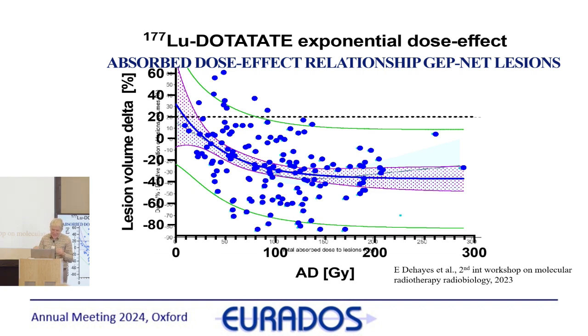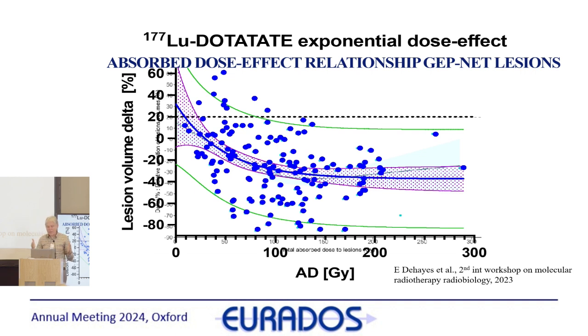Unfortunately, a linear exponential curve explained quite well that there's no real upward curve, but still we see a quite scattered outcome, indicating nevertheless that 100 gray, or say perhaps 120 gray, is the dose you need, and any additional dose does not really deliver any additional effect.